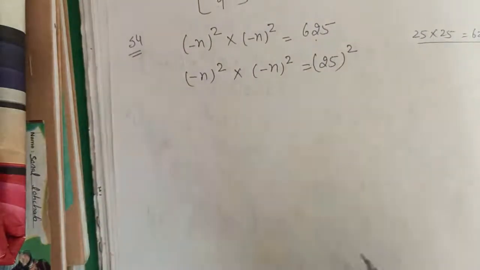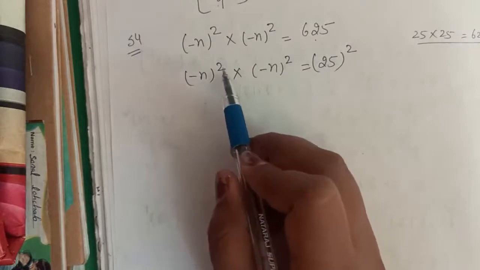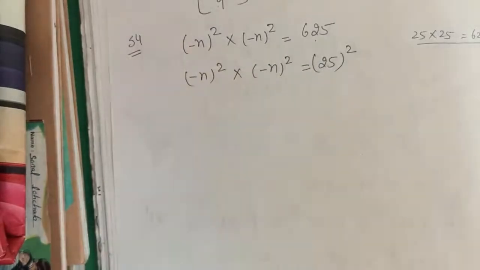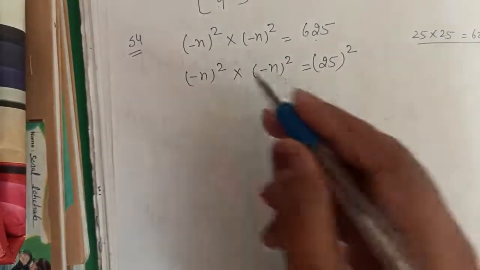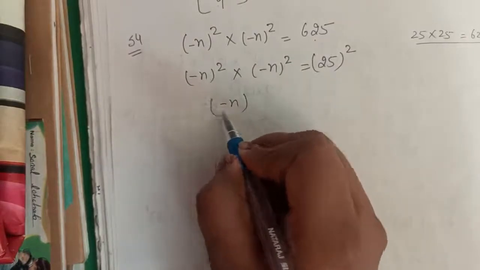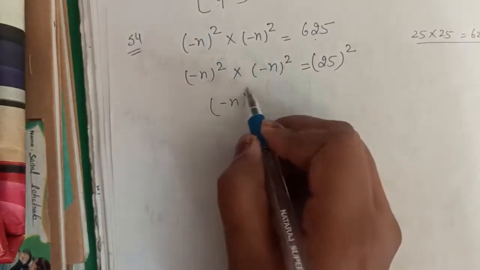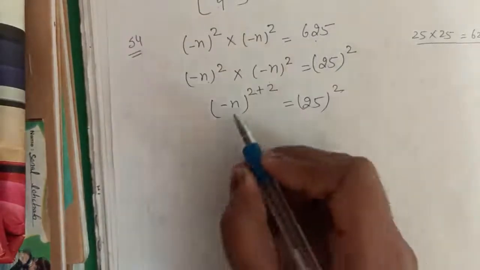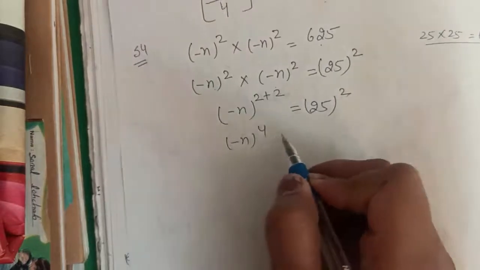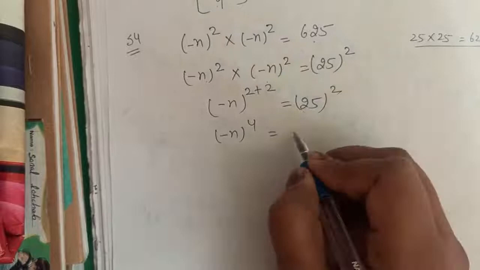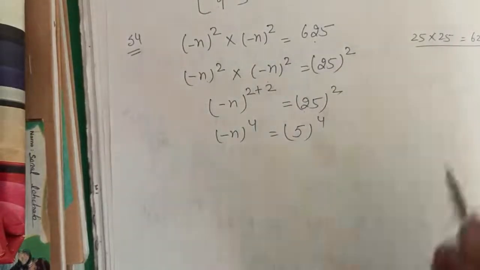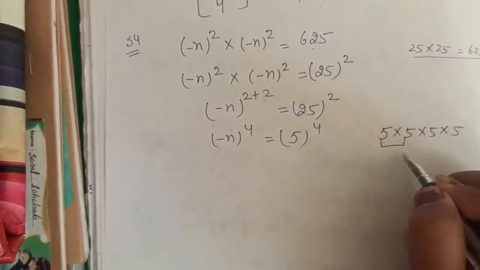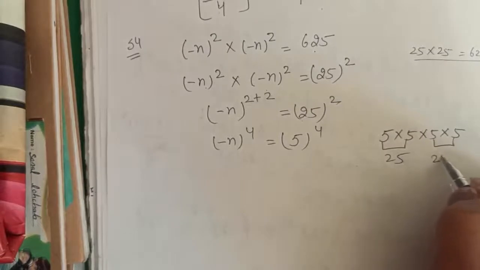Now, after this, again we will come to the laws of exponents, that is, when the power is also same and the base is also same. So now we will go with this, that minus n. The base will remain the same. We will add the powers. 25 squared, minus n to the power 4. We can write 5 to the power 4, because when we write 5 four times, 5 5s are 25, 5 5s are 25.